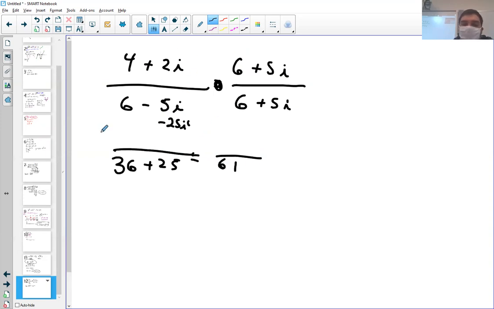And the top, we're going to have to actually FOIL. 4 times 6 is 24, 4 times 5i is 20i, 2i times 6 is 12i, and then 2i times 5i is 10i squared, which will eventually become negative 10.